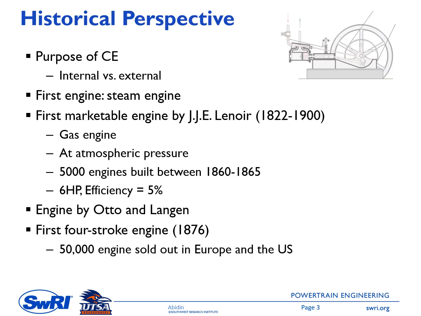Let's start with an easy topic of this chapter 1, namely historical perspective. The purpose of a combustion engine is to convert chemical energy into useful energy, in this case mechanical energy. There are two types of combustion engines from the combustion location perspective.